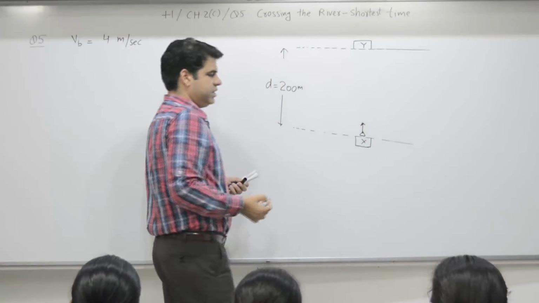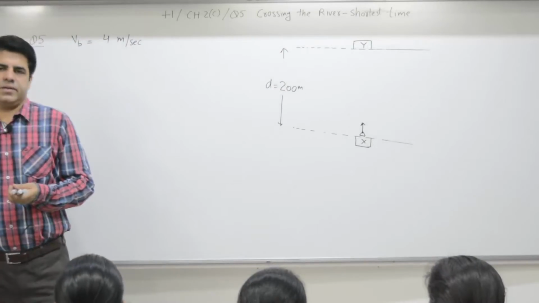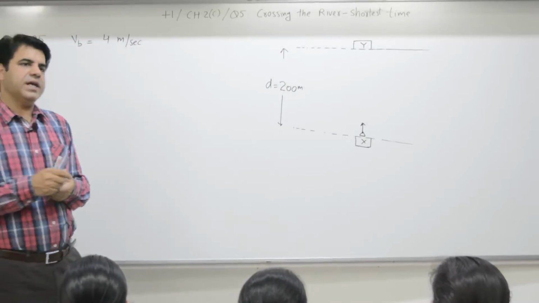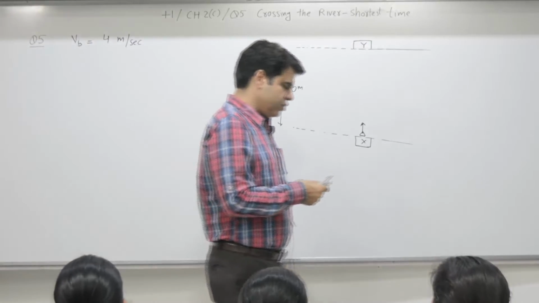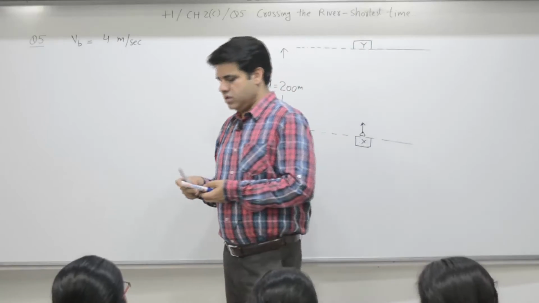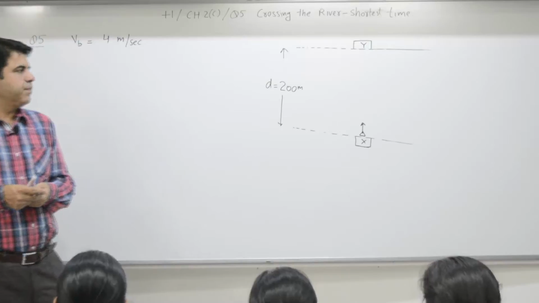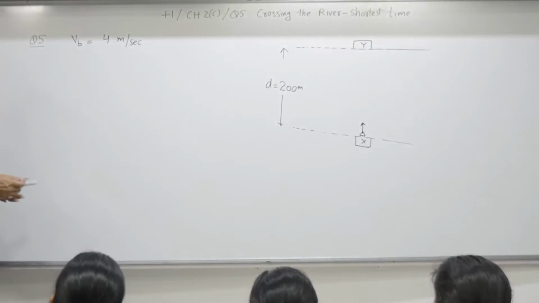When you say VB is 4 meter per second, that means it's a speed in still water, that means in a lake. In a lake, you assume the water to be at rest, and all the testing for a ship or a boat will take place when the water is at rest. So boat speed is given.